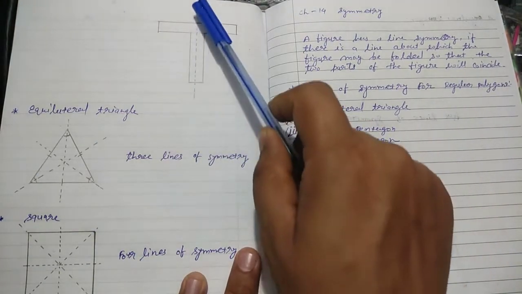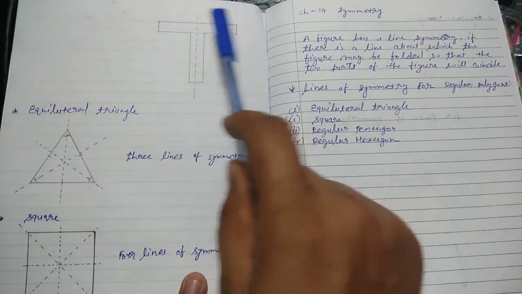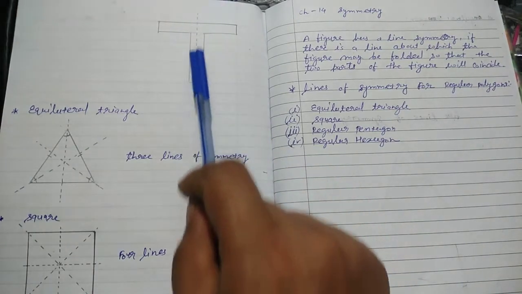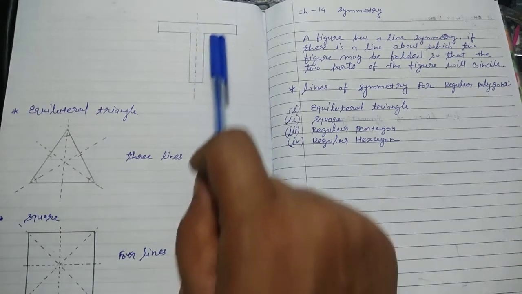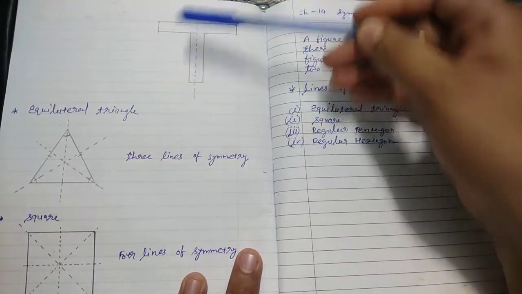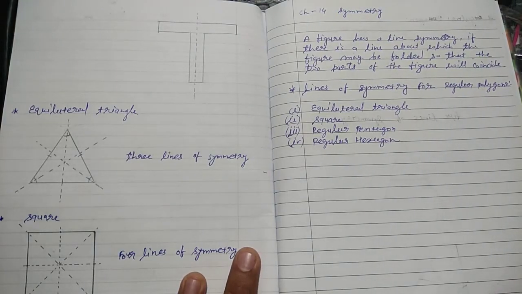If we fold this shape along this line, then one part should coincide with the other part of the shape. So that's why this dotted line is called a line of symmetry or axis of symmetry.